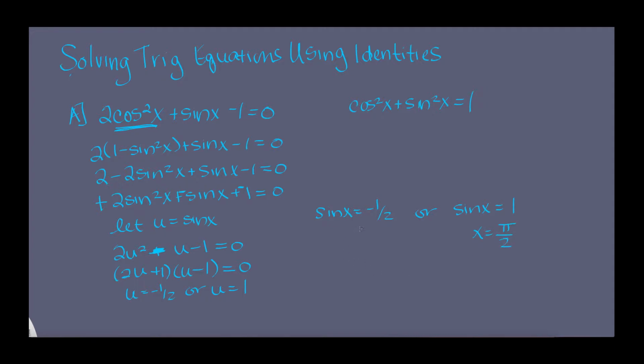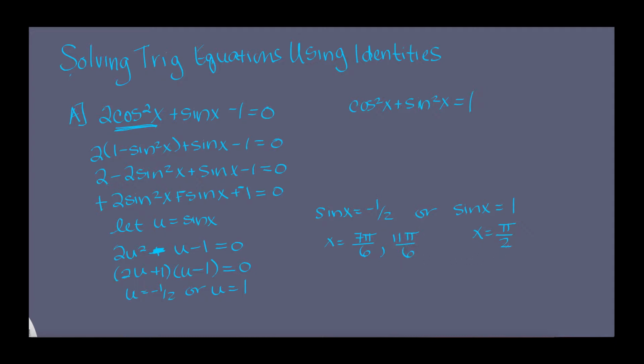And the sine of x is negative 1/2 over the interval 0 to 2 pi in two different places: at 7 pi over 6, and also at 11 pi over 6.